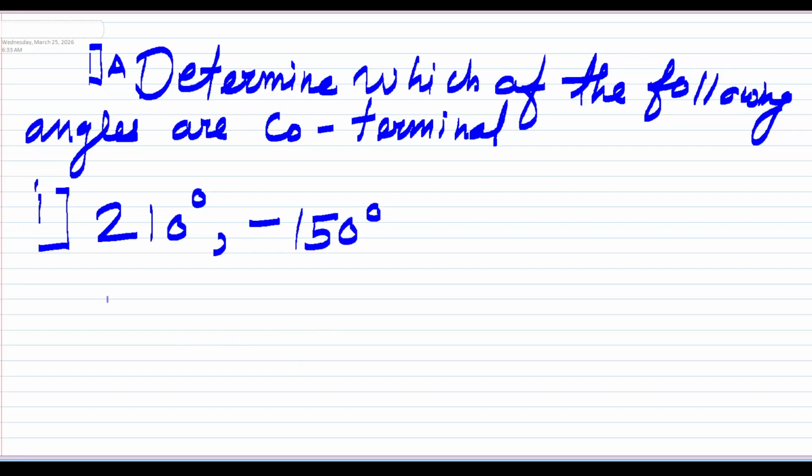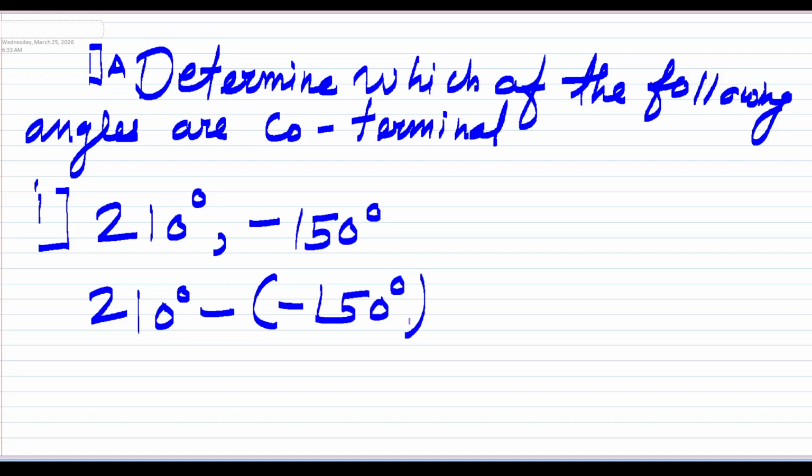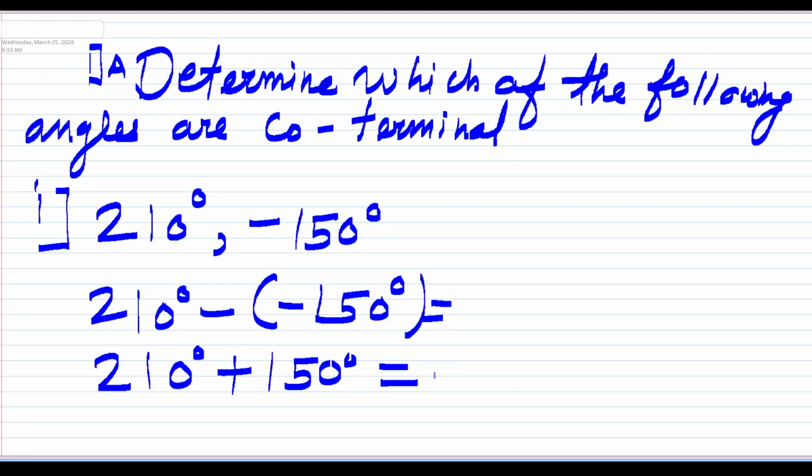For example, the solution for this is 210 degree minus into minus 150 degree, that is equal to 210 minus into minus will become plus 150 degree, that is equal to how much? It will become 360 degree.